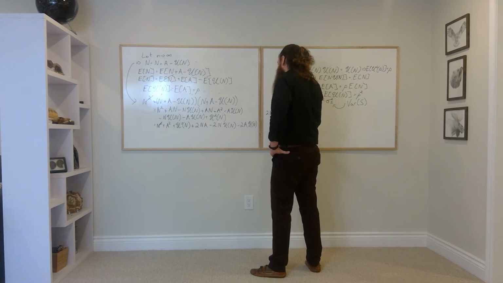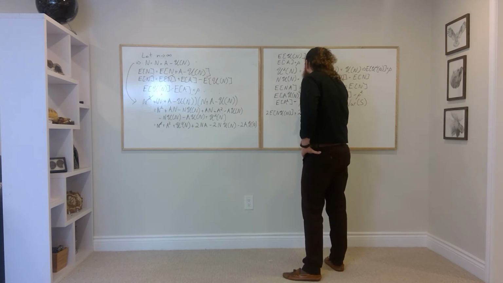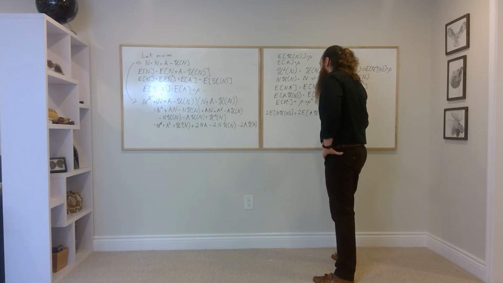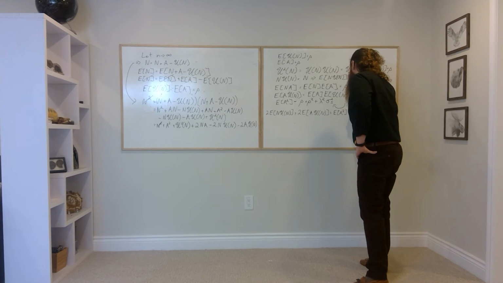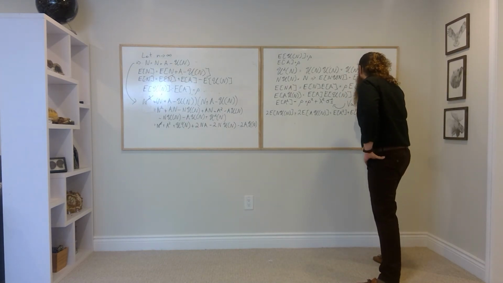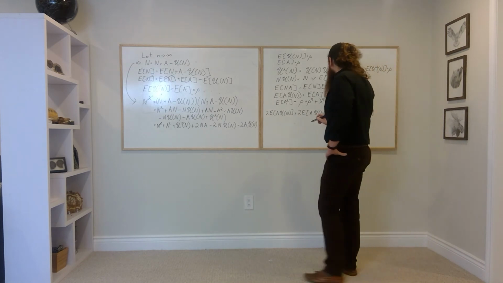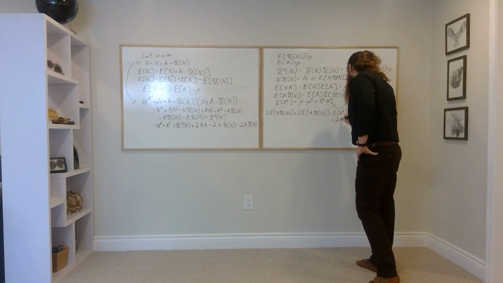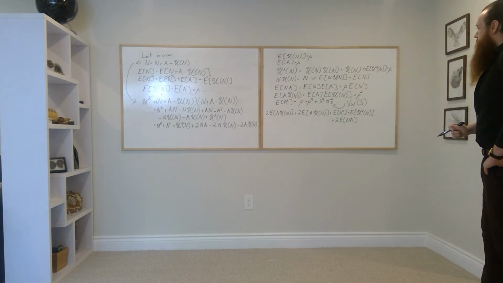So 2 times the expectation of n u of n plus 2 times the expectation of a u of n equals, unless I've made a mistake here.